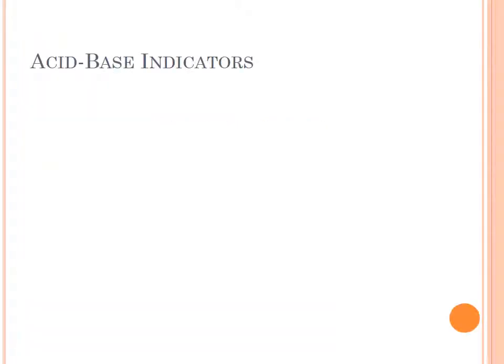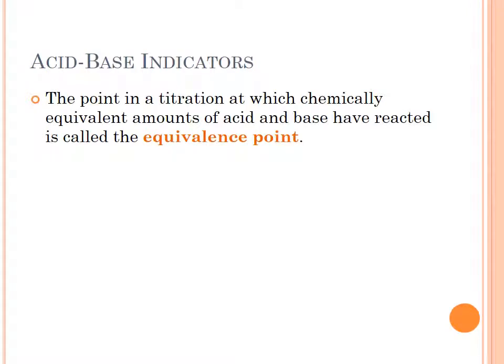So let's take a look at acid-base indicators, because they can indicate when a titration is over. Now the point of the titration, where we've added chemically equivalent, according to the stoichiometry of the reaction, amounts of acid and base, we call that the equivalence point. That's totally determined by the stoichiometry of the reaction.